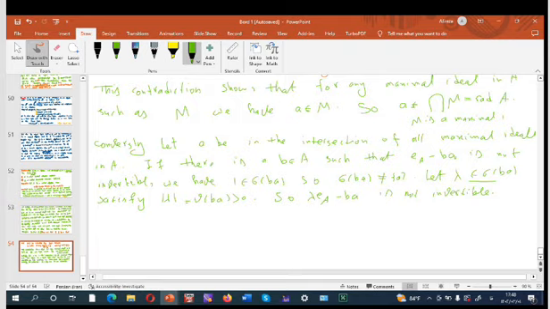Hence A multiplied by this and multiplied by A is a proper left ideal.